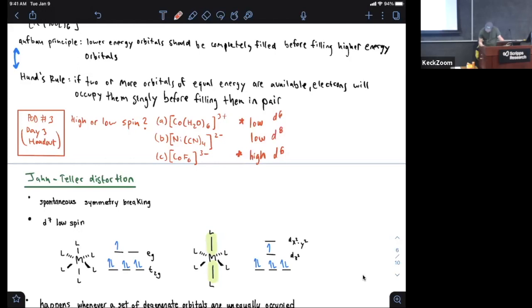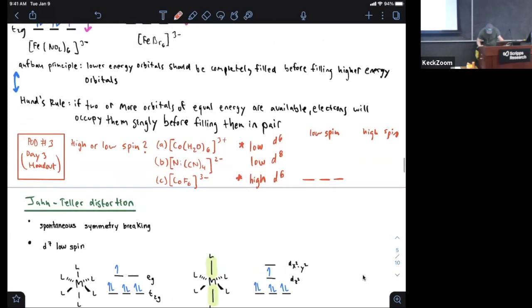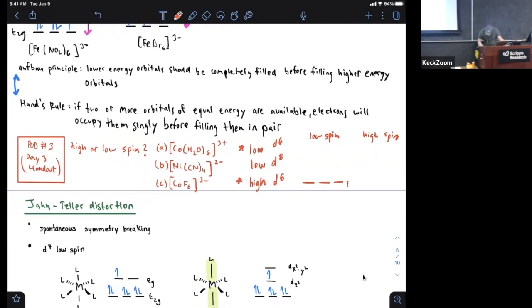So let's consider the two d6 cases. In the case where we have a high splitting energy, low spin, I'll draw this in an exaggerated way, and fill these in.